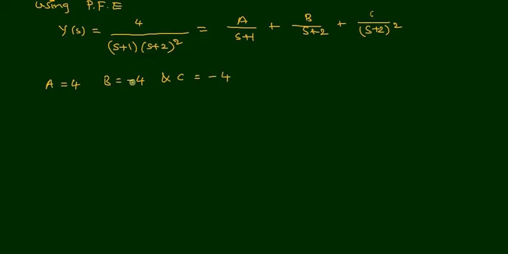Keeping the length of the video in mind, I have directly taken these values of A, B, C. To find them, follow the procedure we did in the first case. So we'll get these values.